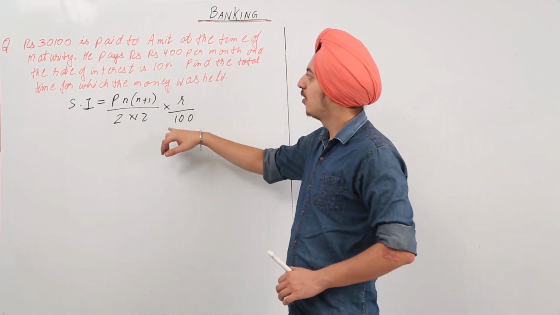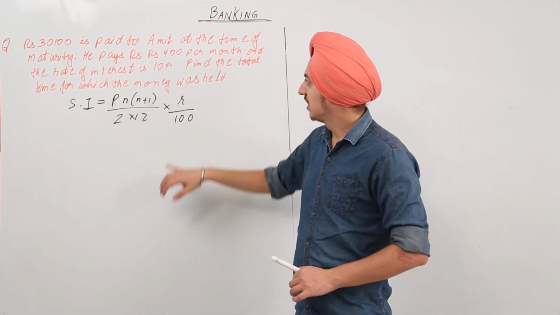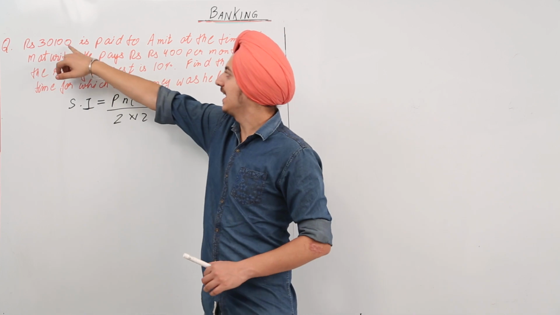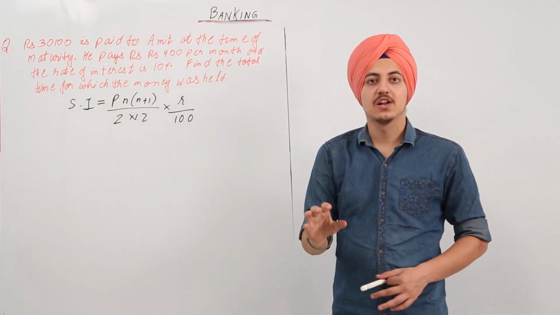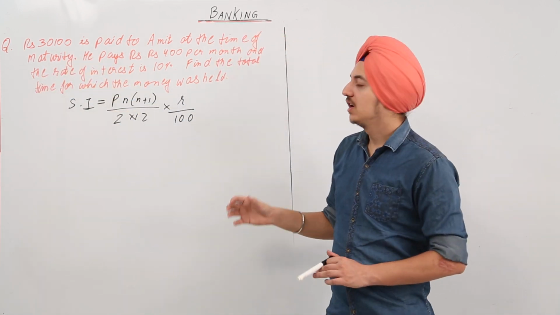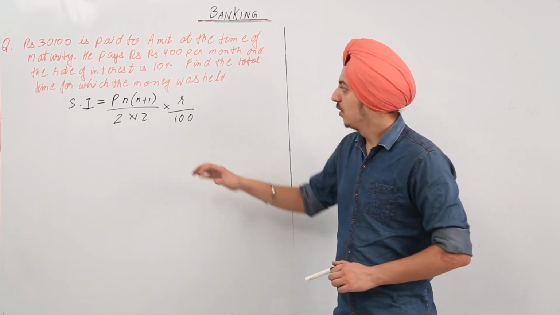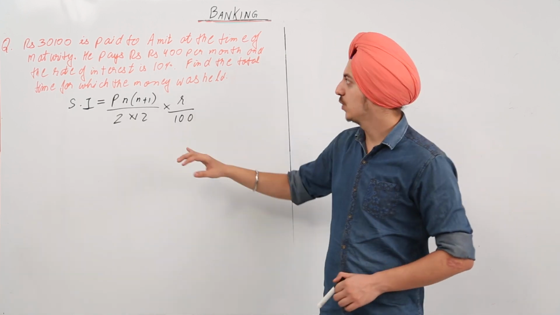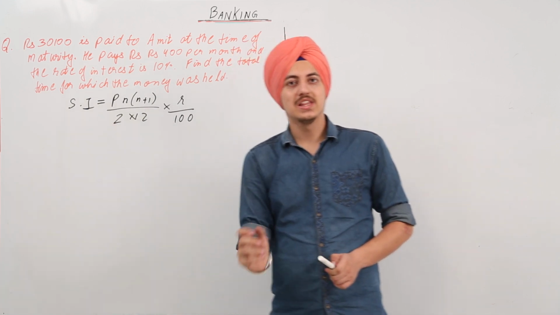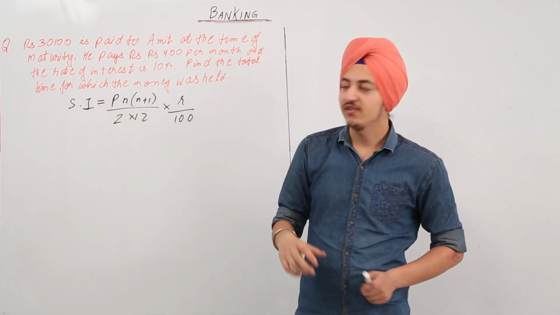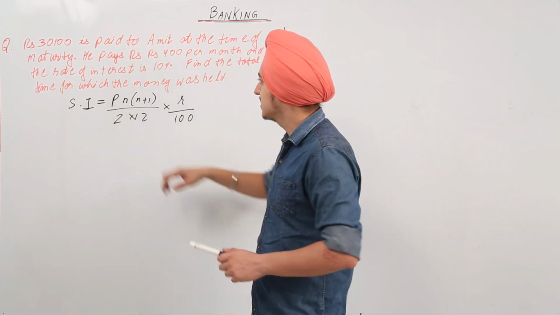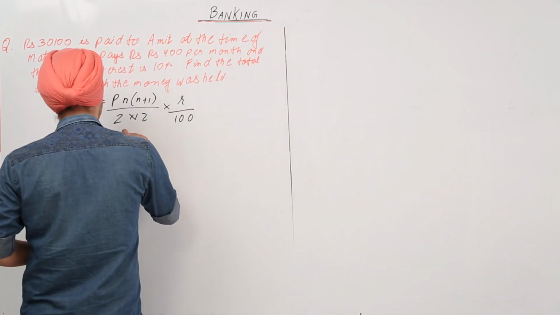And that too in the form of N, and we are given the maturity value. So we will have to add the total amount paid by Amit in terms of N again with this interest, and then equate it to this, and with that we will be able to find out the value of N.